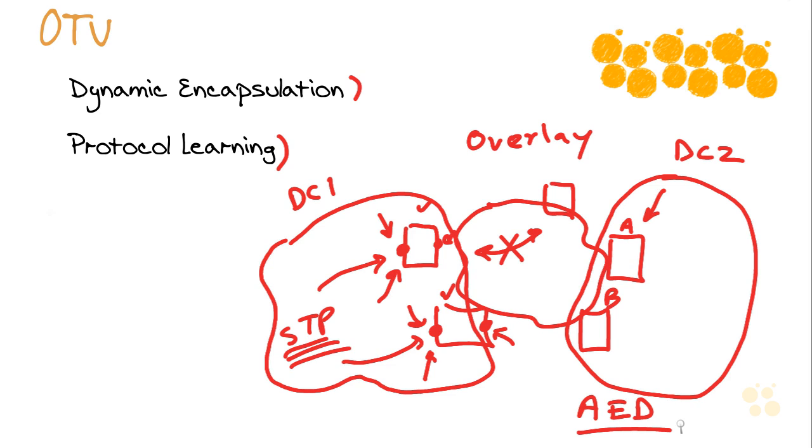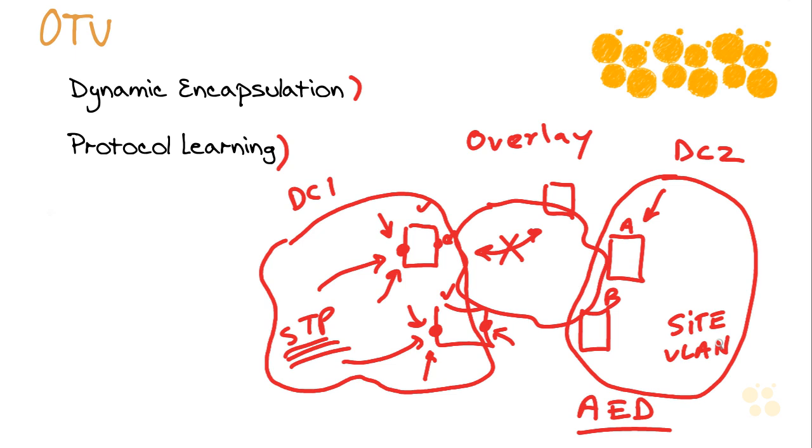To decide which device should be elected as an AED for a given site, the OTV edge device establishes an internal OTV control protocol peering. The internal adjacency is established on a dedicated VLAN named the site VLAN, and this particular VLAN is used to negotiate the AED role.